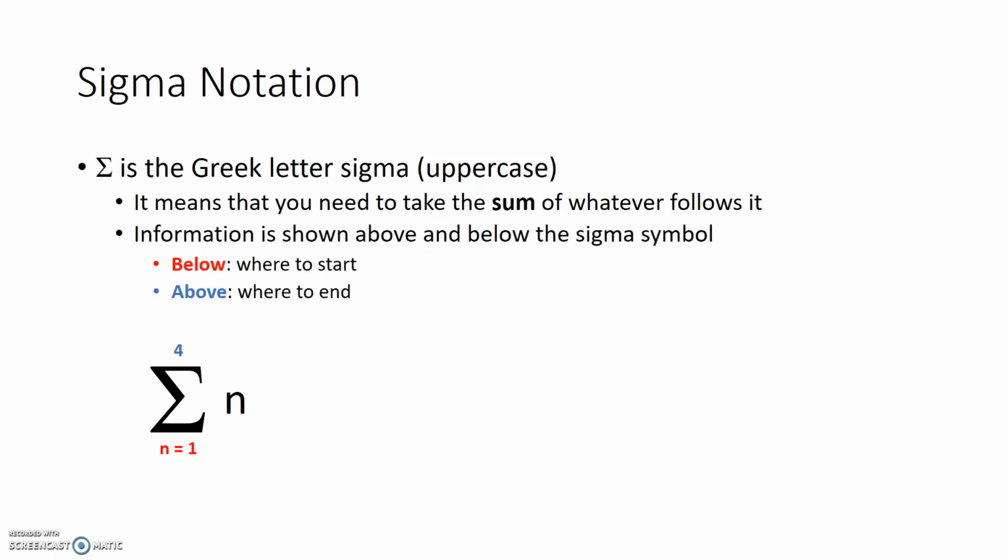We go all the way up to 4, so we end up with 1 plus 2 plus 3 plus 4. Because ultimately we're taking the sum of the result of each of these things where we substitute our number in for n. And we figure out that the sum, sigma of n, where n goes from 1 to 4, is 10.